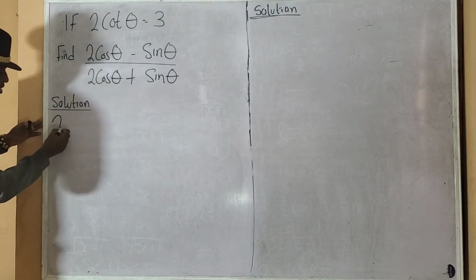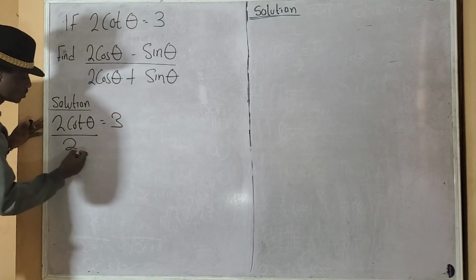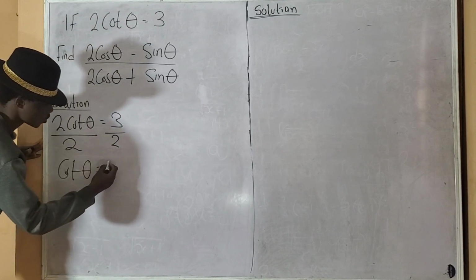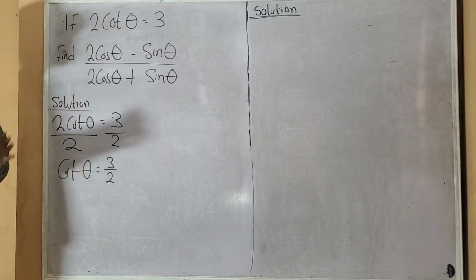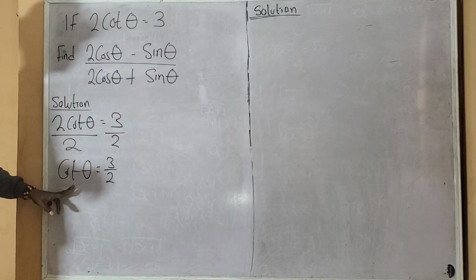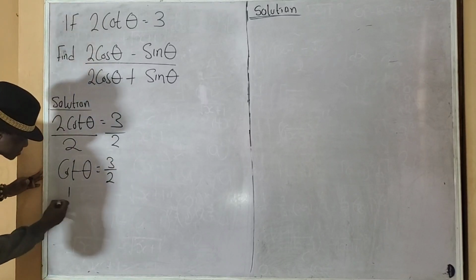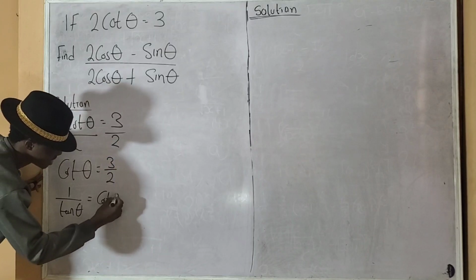We know that 2 cos theta from the question has been given as 3, divided by 2. So cos theta is equal to 3 over 2. Now we know that the inverse of tan theta is cos theta. The inverse of tan theta, 1 over tan theta, is equal to cos theta, right?